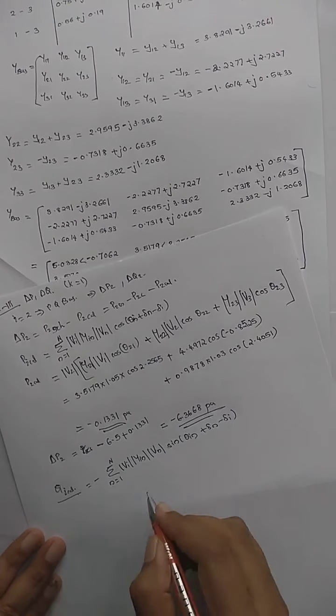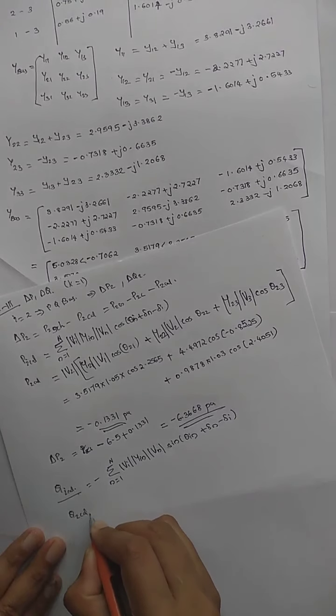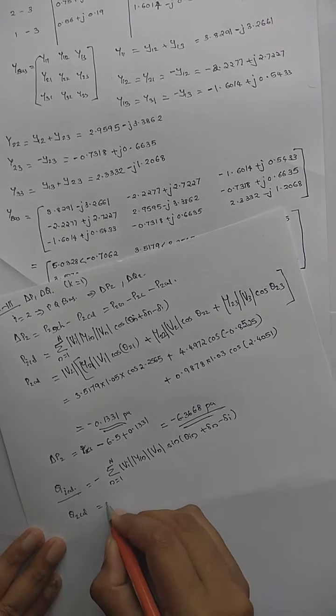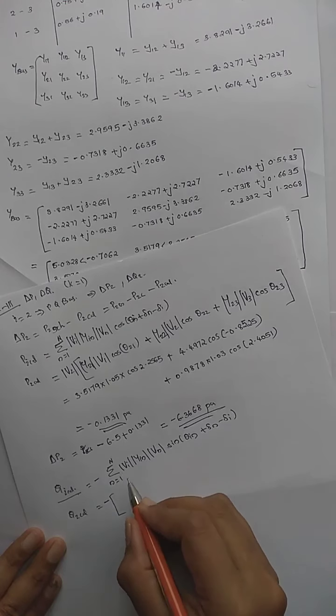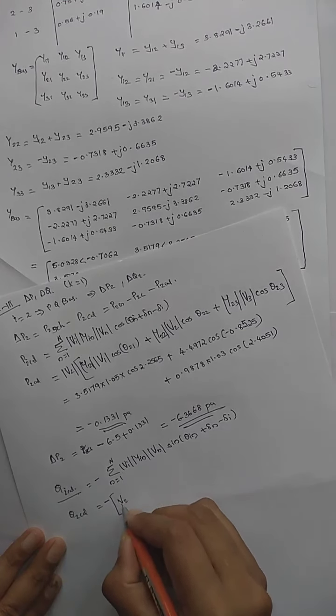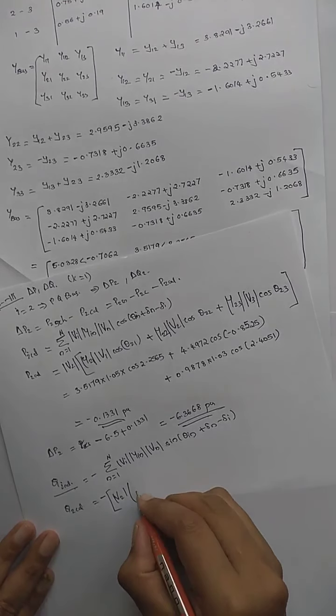Okay, this is the equation for Qi calculated. So Q2 calculated will be equal to minus of, what is Vi? I am taking V2 as common, because V2 value is 1, so I can neglect it.